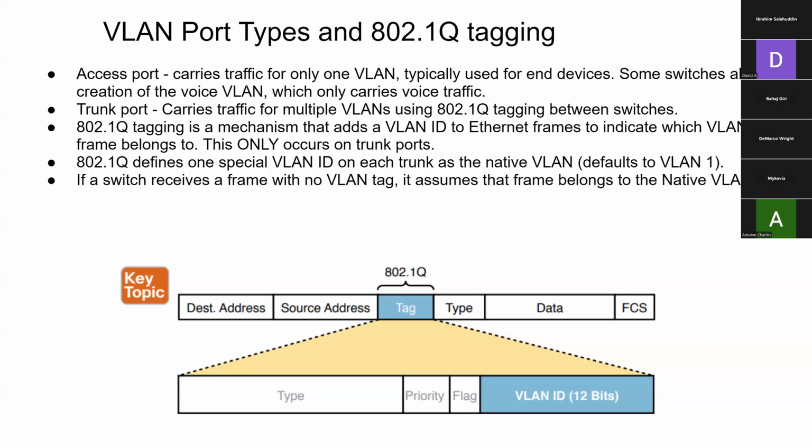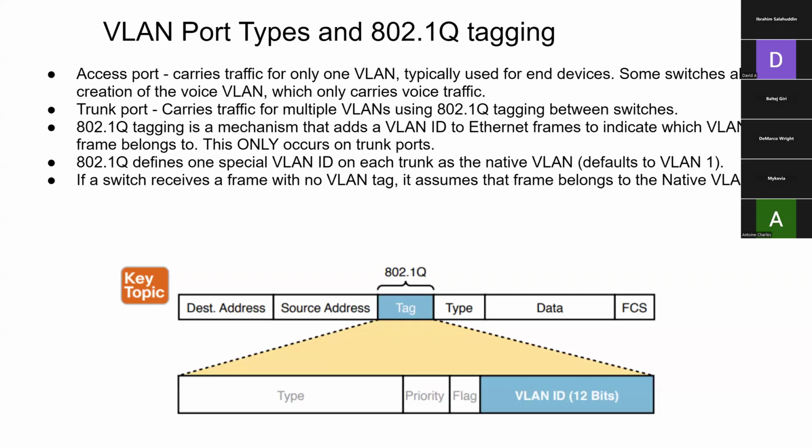So what happens with 802.1q is, let's just say hypothetically, we have a frame that's destined for VLAN 20. The trunk it has to traverse also has a native VLAN of, let's say, 1.